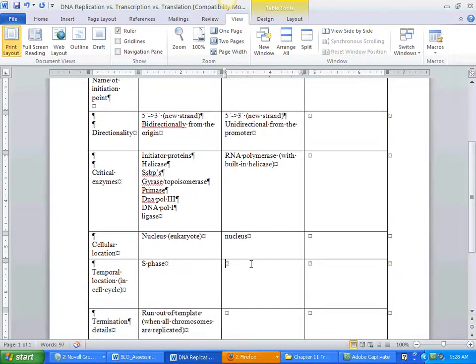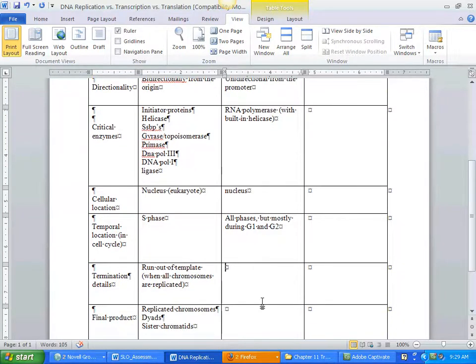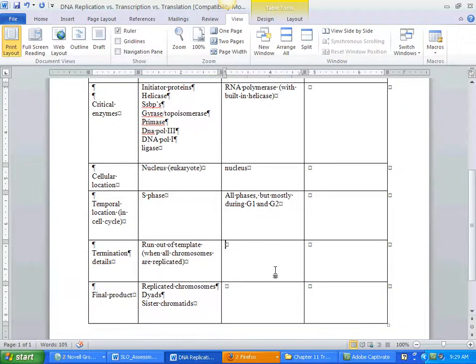Transcription is the first step of gene expression, and so it can happen at all phases of the cell cycle, but mostly I would say you have more transcription during your gap phases, G1 and G2. But you can have transcription at any time. There will be low levels of transcription for some genes, even in other phases, but mostly G1 and G2.